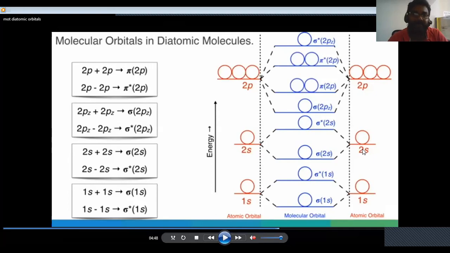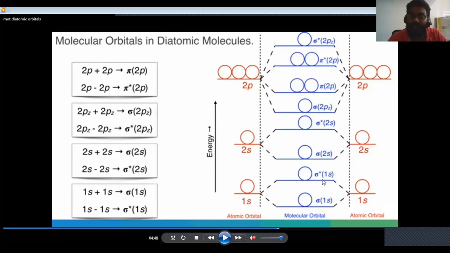This is the theory of molecular orbitals in diatomic molecules. We can see examples like O2, N2, and F2, which illustrate molecular orbitals in diatomic molecules. The star indicates anti-bonding.